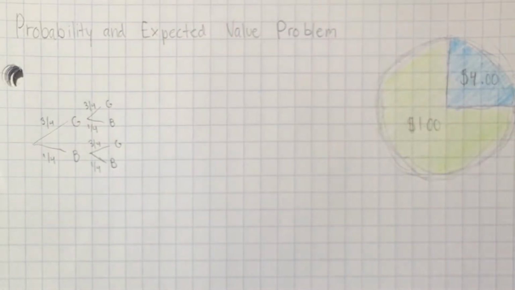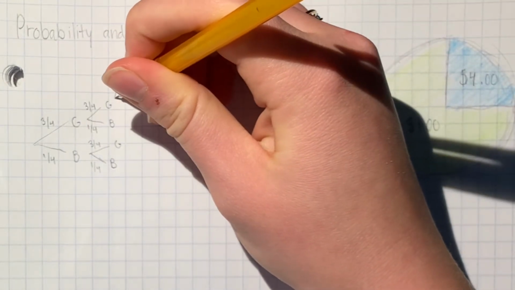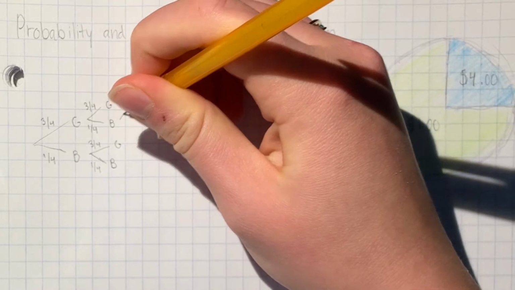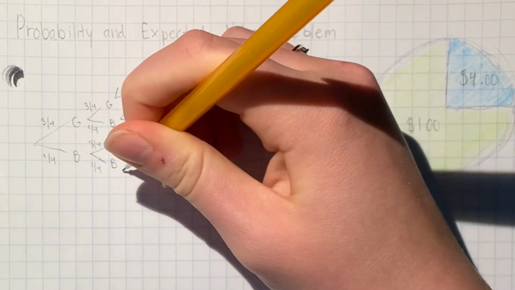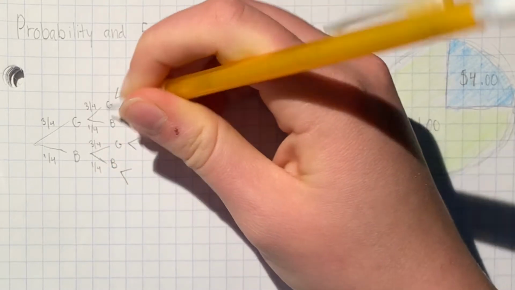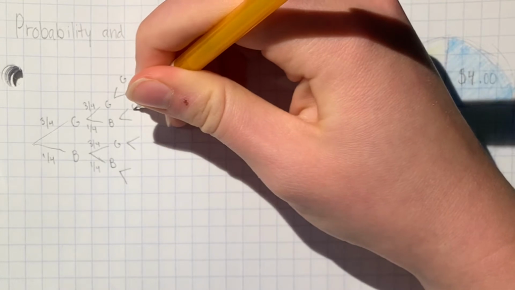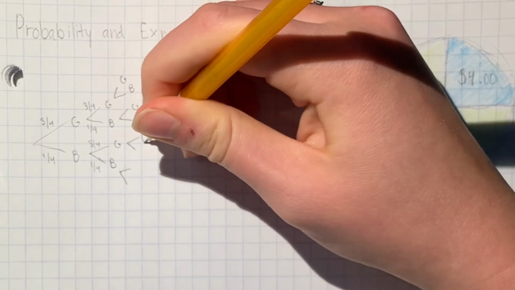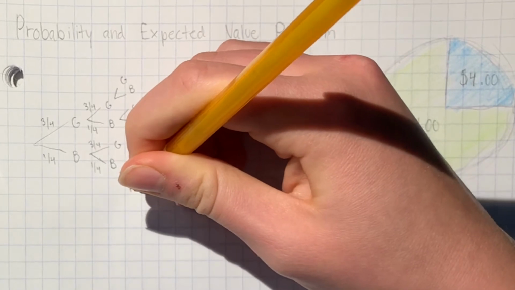So finally, our third spin, we have kind of 4 options to go through, but it's still green or blue. So I can branch that out here, being as neat as possible. So that's one option. That's another. That's one option, and that is another. So, green or blue, green or blue, green or blue, and green or blue. This is the third spin.